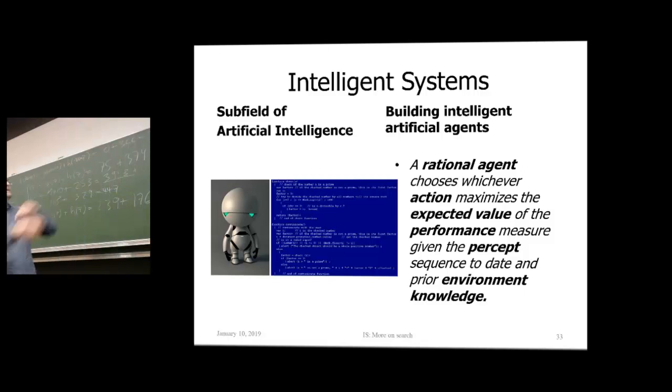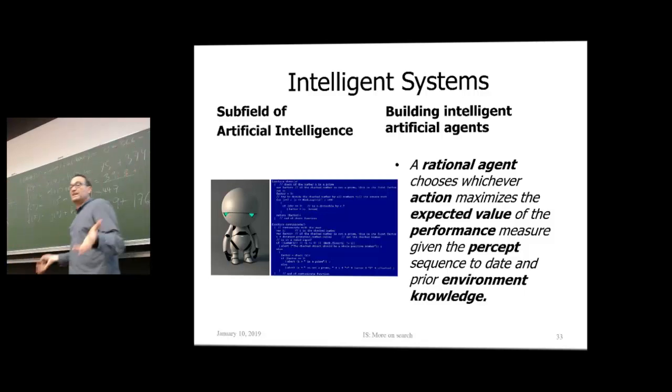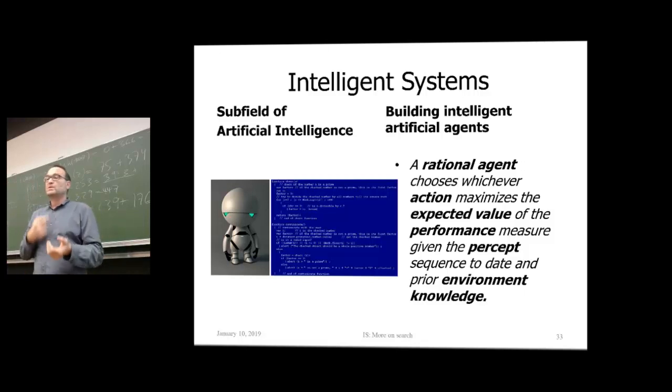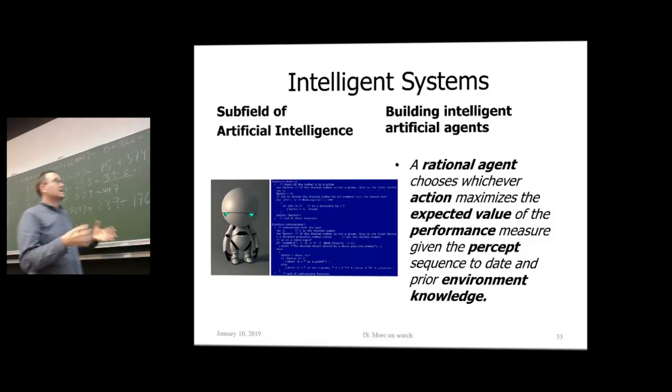Okay, now to the question of an intelligent artificial agent. There the definition is that a rational agent is an agent that chooses between actions, and it chooses the one that maximizes the expected value of its performance according to some kind of perception that it can make and knowledge about the environment that it has.